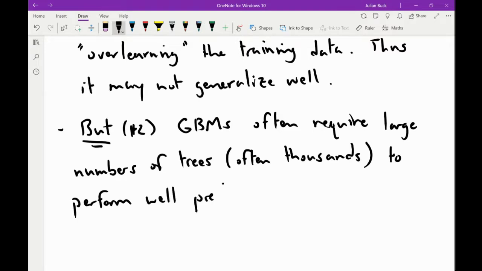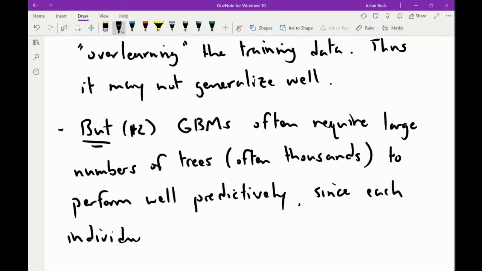To perform well predictably. And that's because the individual trees don't have much predictive power. Okay. So since each individual tree is shallow, in other words, a weak model.